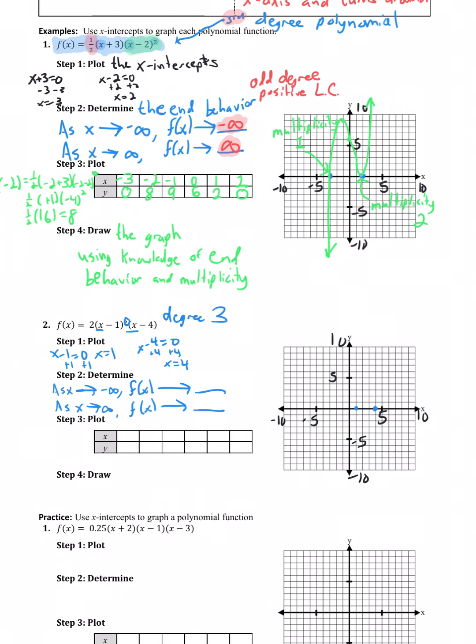And this is another one where it's odd degree, positive leading coefficient. So f of x is going to follow that same trend, the y values. And again, we can just look at our graph if we need to.